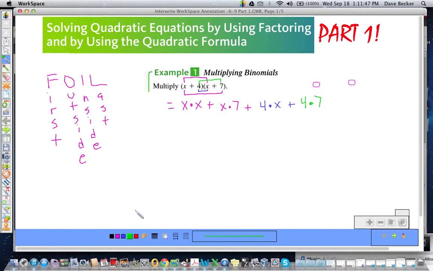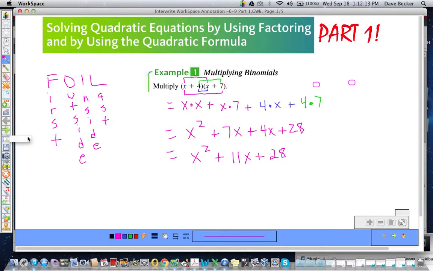And then we just clean that up. x times x is x squared, x times 7 is 7x, 4 times x is 4x, and 4 times 7 is 28. This ends up being x squared plus 7x and 4x is 11x plus 28. Bazinga. Jammin', rockin', and rollin'.